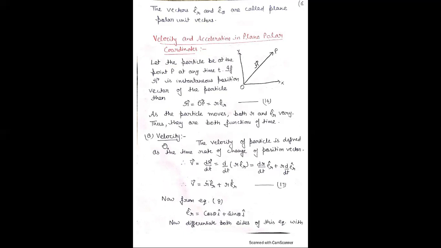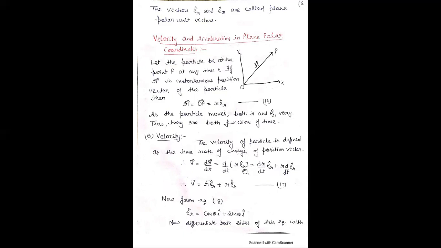Now first is velocity, and we know what velocity is. Velocity of the particle is defined as the time rate of change of position vector, so v is equal to dr by dt, and what is the value of r? That is, d by dt of r e r unit vector.